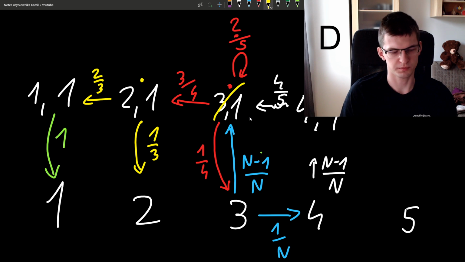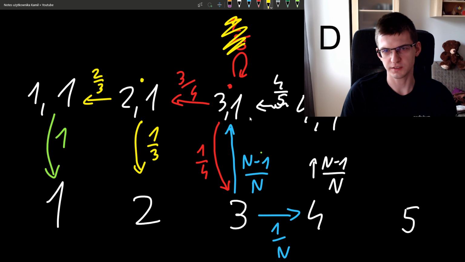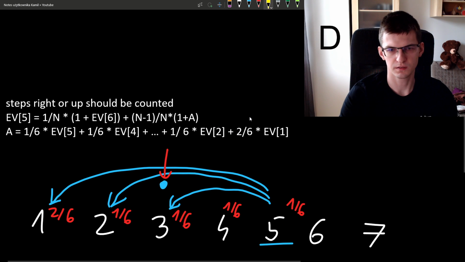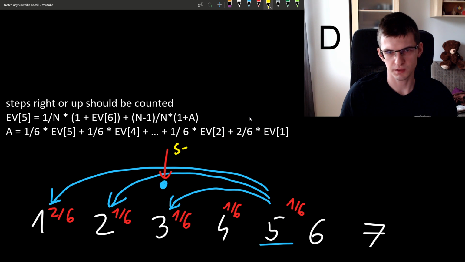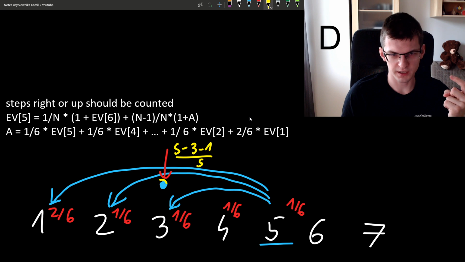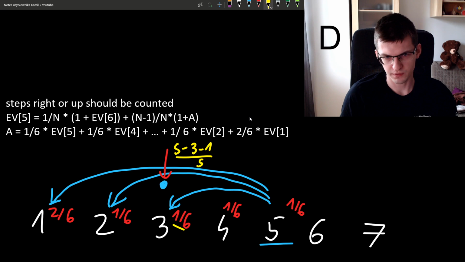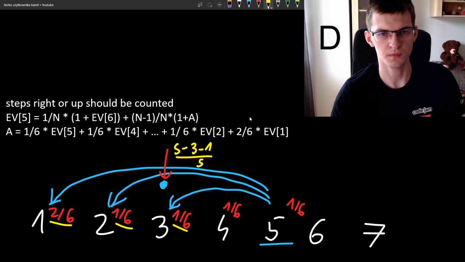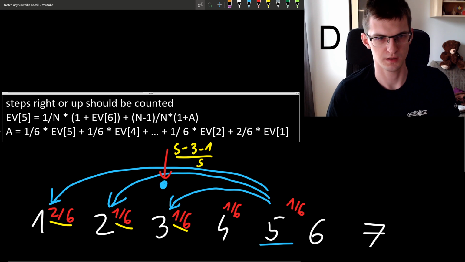Now, from this state, probability of moving back like that is s minus 3 minus 1 over s. That's the probability of wasting something. This is s minus 1 over s. Probability of wasting a move. And now this, I get to this state at all, moving from 5, if anything, any of those happens. So with that probability, this happens.